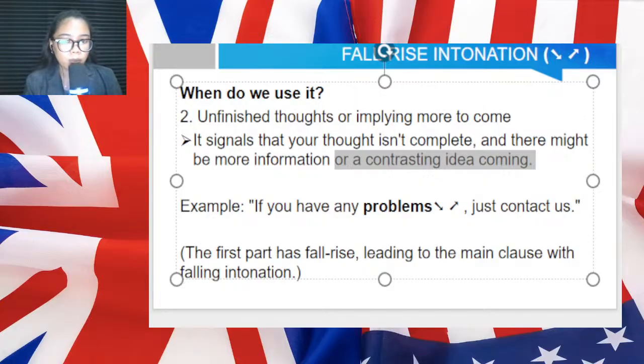Because imagine if someone asks, "Are you coming to the party?" And then you reply, "I might." Again, we highlight the word might here. I might. That full rise on the word might suggests that I might, but there's a reason I am unsure, or a condition.